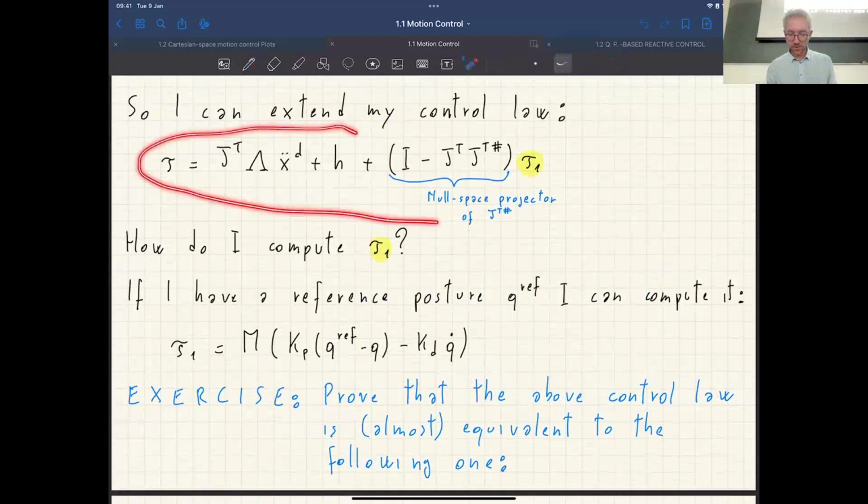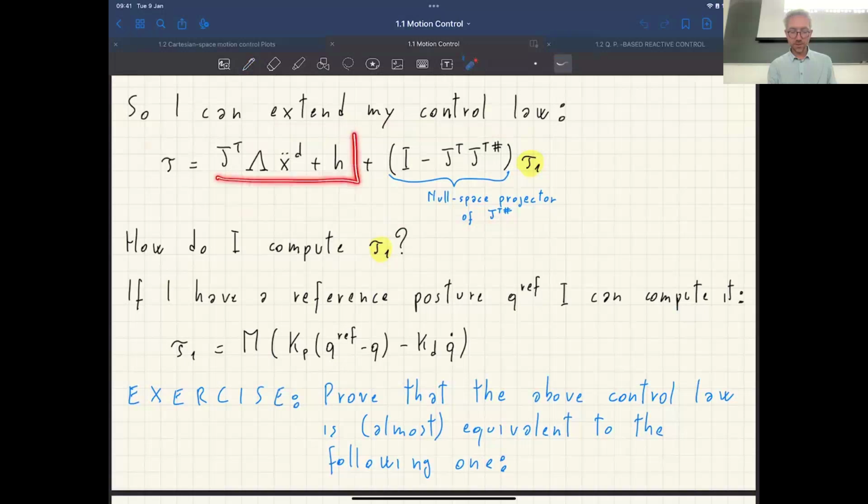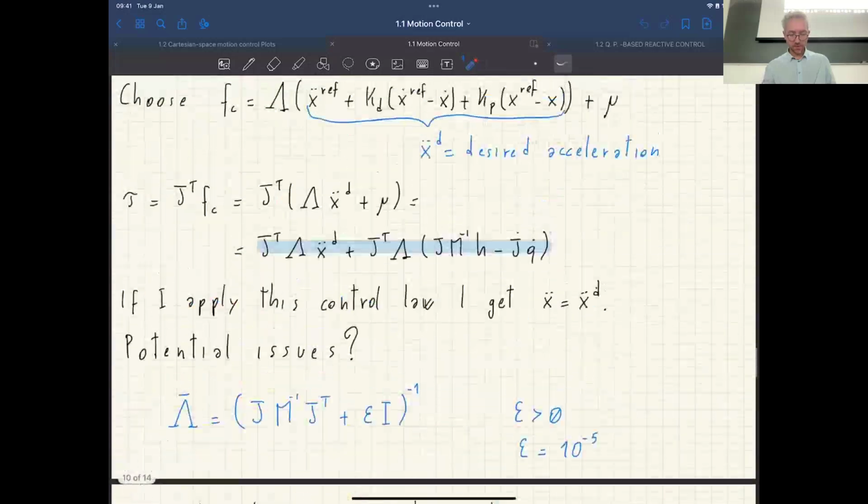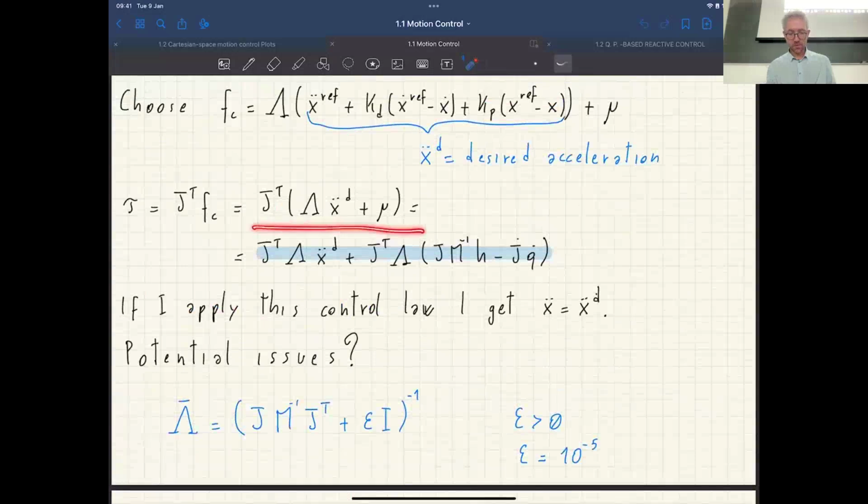So this control law here, where we are using a simplified version of the main controller, that one that is tracking the motion in Cartesian space, because here we are compensating for the bias forces, so Coriolis, centrifugal, and gravity torques, directly in joint space. So this is simplified with respect to the first one that we derived, which was this one, where you can see that the compensation of those forces happens also in Cartesian space.